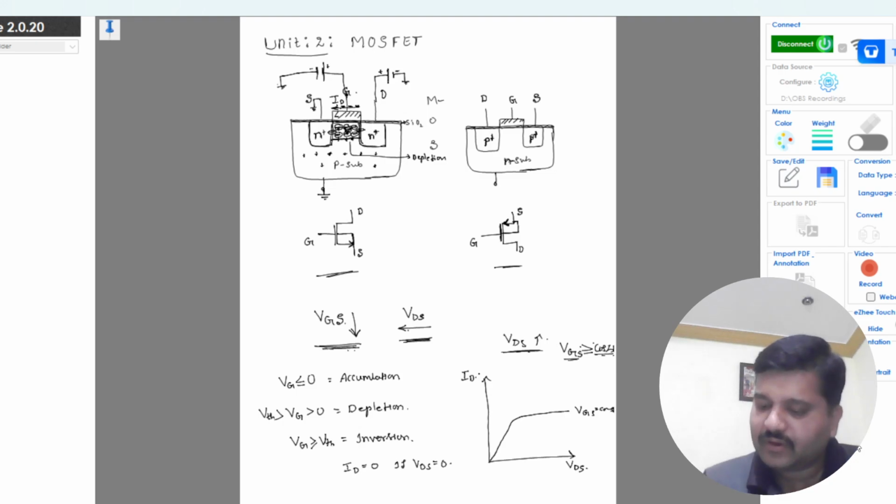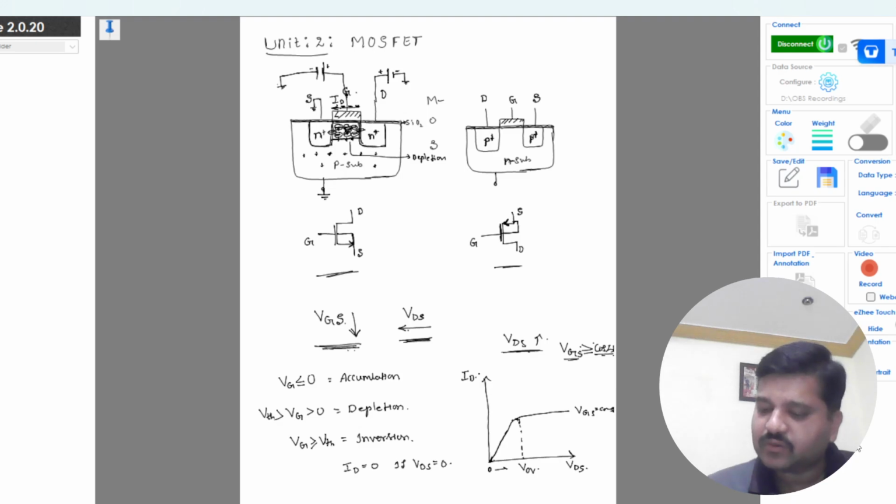Initially when I start increasing the drain to source voltage, the horizontal field VDS, the current will be 0, and when I start increasing it greater than 0, the current increases linearly with respect to VDS, while VGS is constant. This increases linearly up to a certain voltage, up to this point, which is called the overdrive voltage.